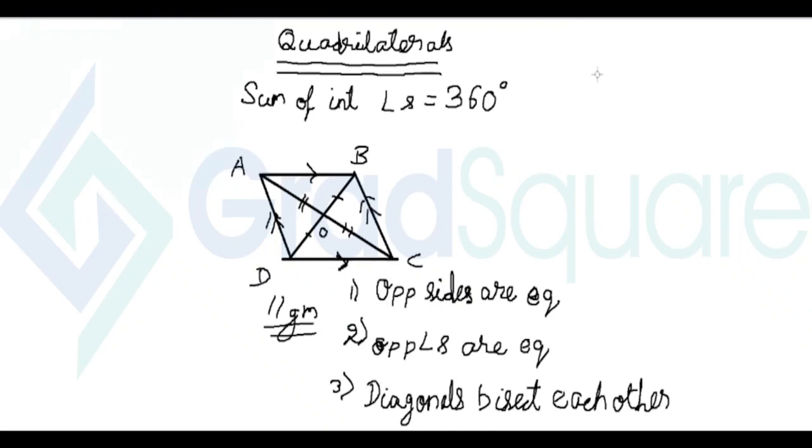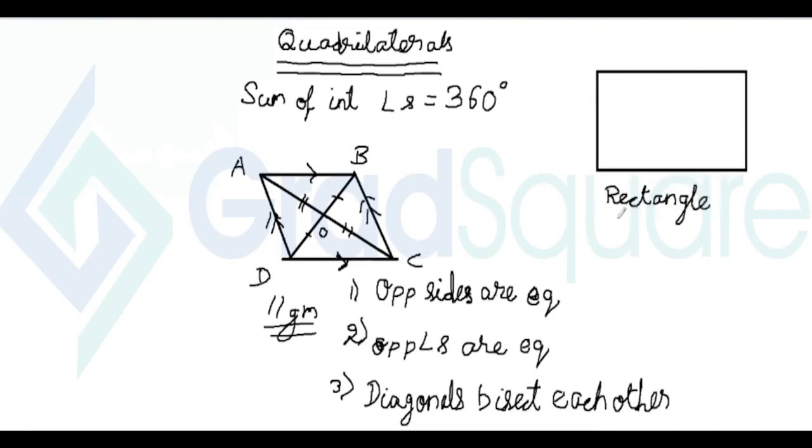So if there is a special type of a parallelogram in which the diagonals are equal in length, then that kind of a parallelogram is what is called a rectangle. So a rectangle is a special type of a parallelogram in which the diagonals have the same length. So if I have a quadrilateral ABCD and the question says ABCD is a parallelogram in which AC and BD are equal, that means that it is a rectangle.